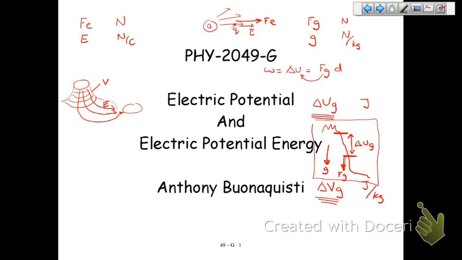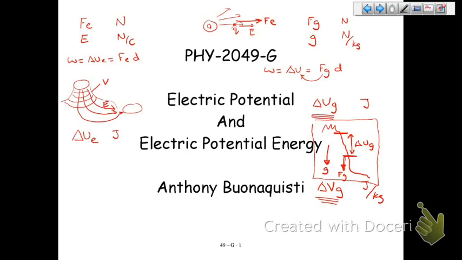All of this is useful for our electric field. So we can define our change in electrical potential energy. You'd get that by taking this electrical force and multiplying it by a distance. So we get delta UE, which equals Fe times some kind of distance measure, and that would be in joules, just the same.